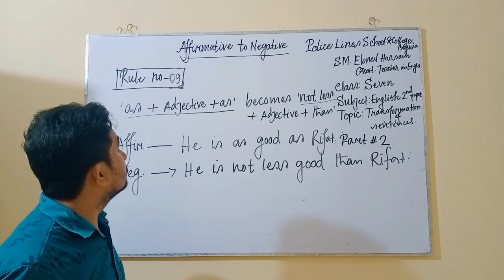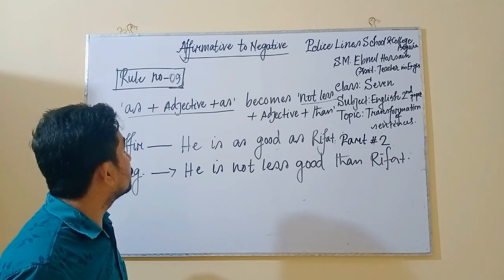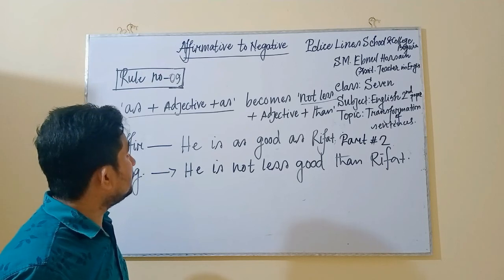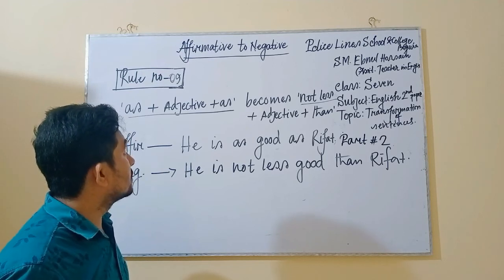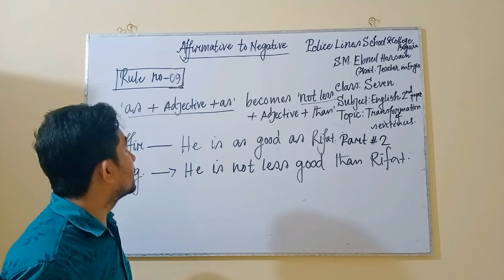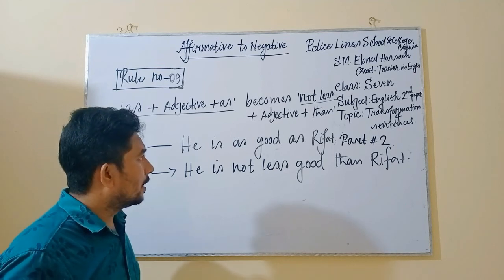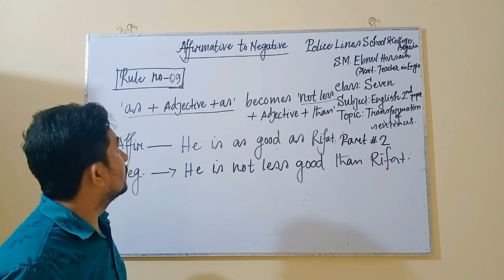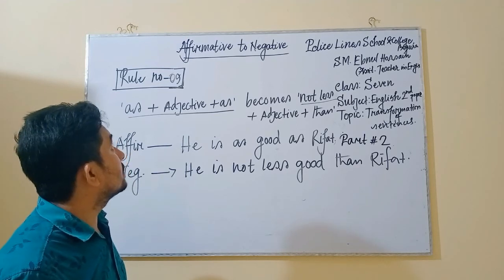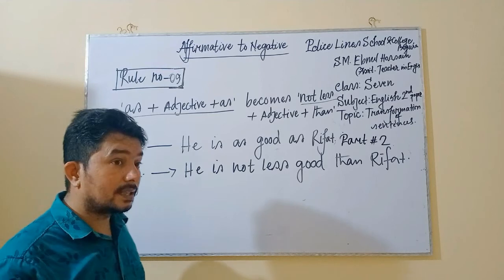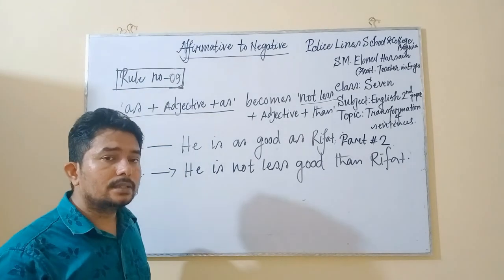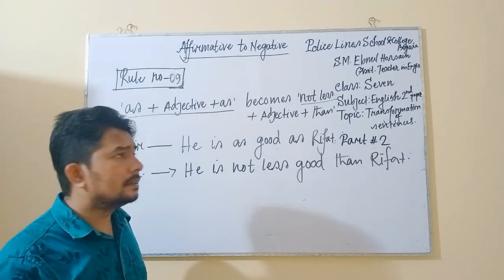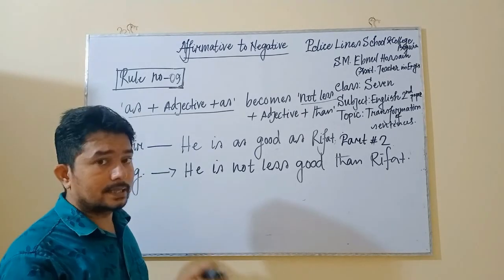These are the rules you can practice with much more care and attention to change the affirmative sentences into negative sentences. And if you change the negative sentences into affirmative sentences, that means vice versa, then you can use the rules reversely.